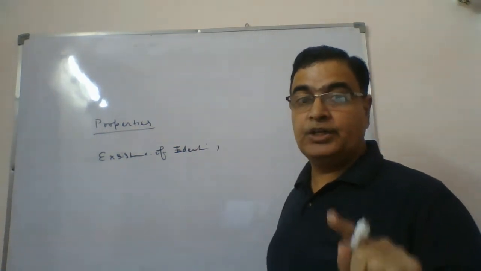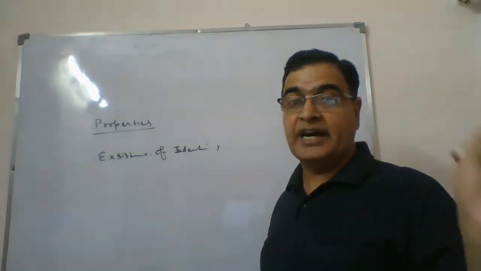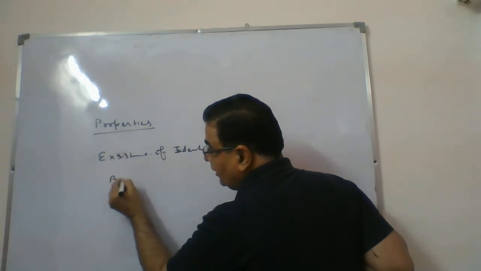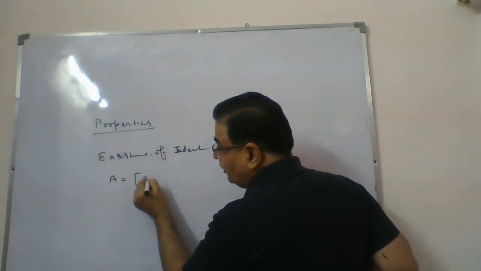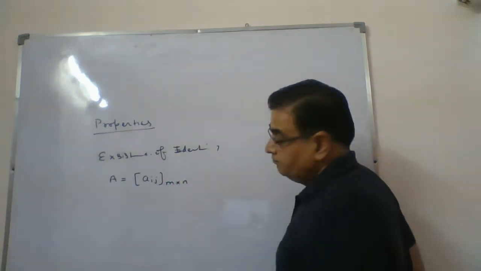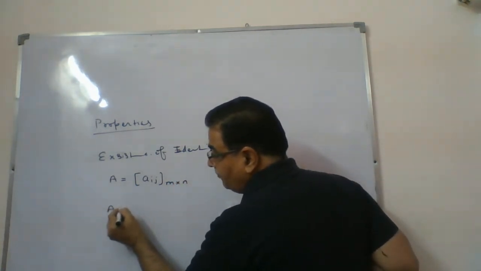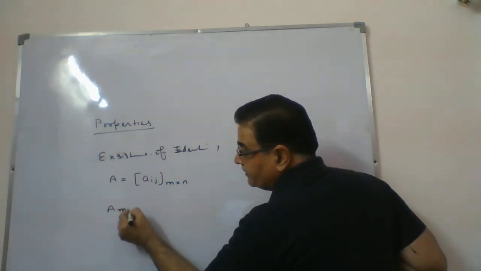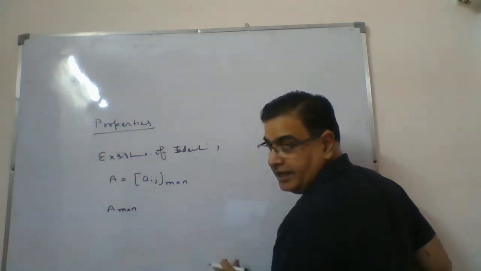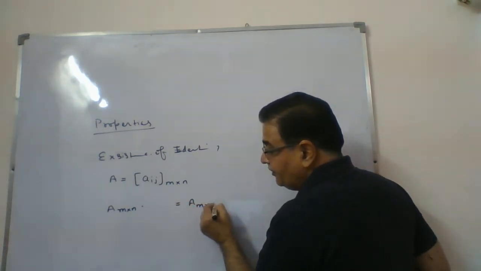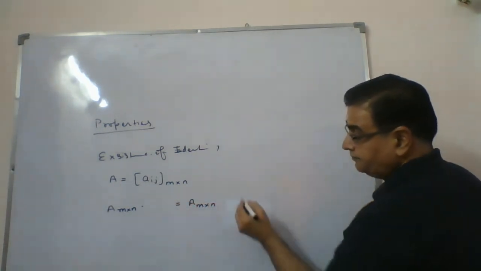At that time I told you the null matrix was the identity for addition. Here, if A is one matrix of order m into n, my question is what matrix I should multiply so that I get the same matrix A of order m into n.